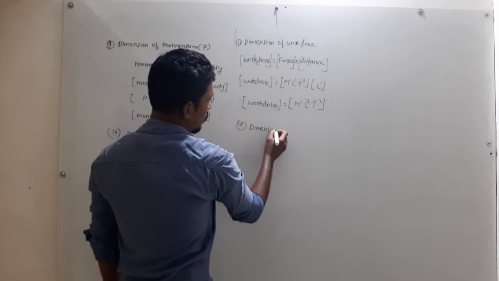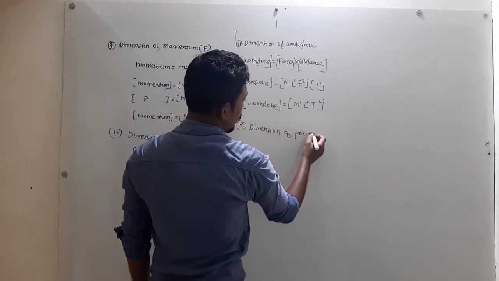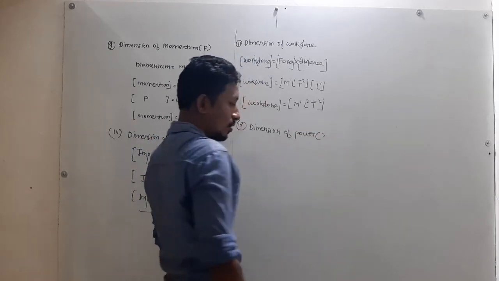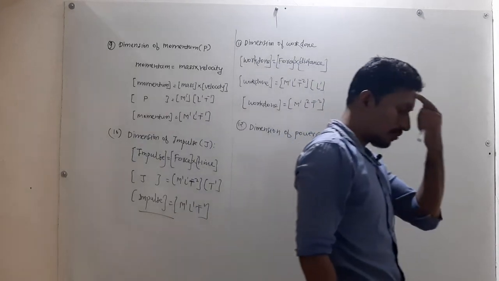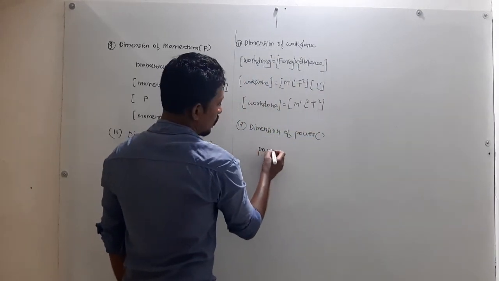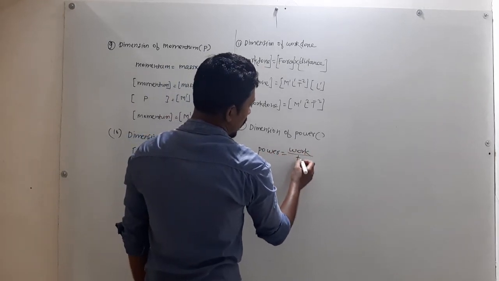Next, dimension of power. Okay, power does not have a symbol here. What is the formula of power? Power is nothing but work per unit time.